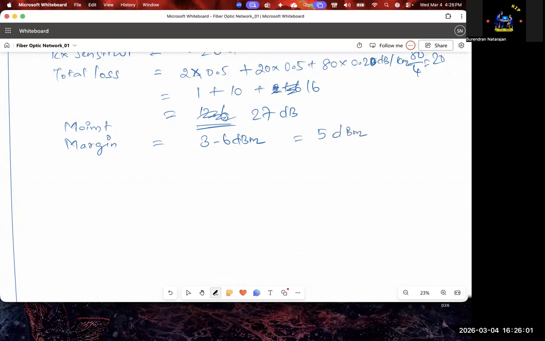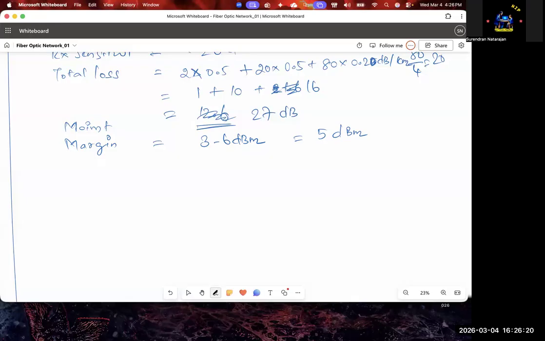Here is another good example. I laid a fiber between city A and B. In the first year you didn't experience any fiber cut. The second year you experienced two, and the third year some more. So you keep maintaining a database.